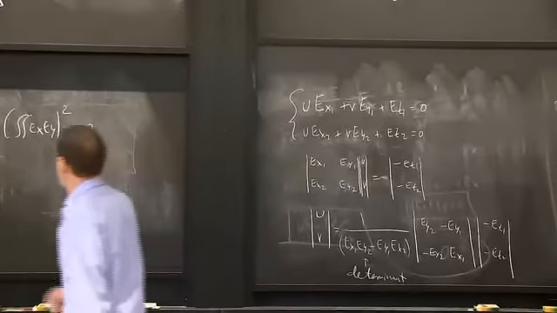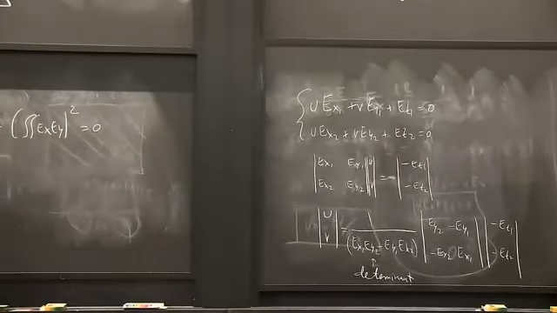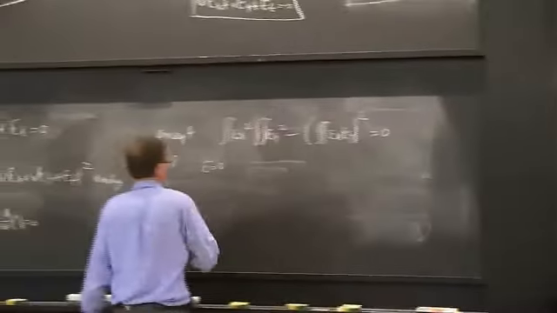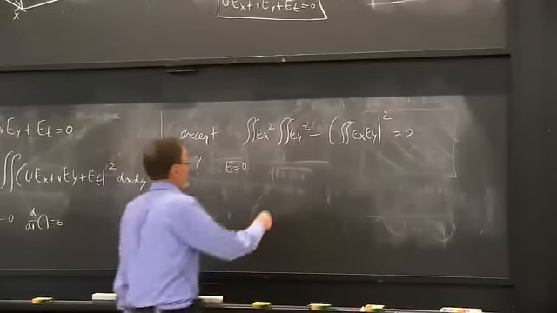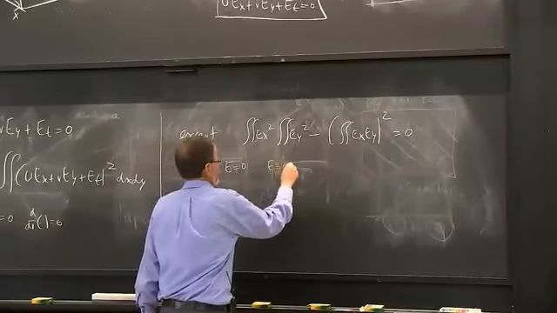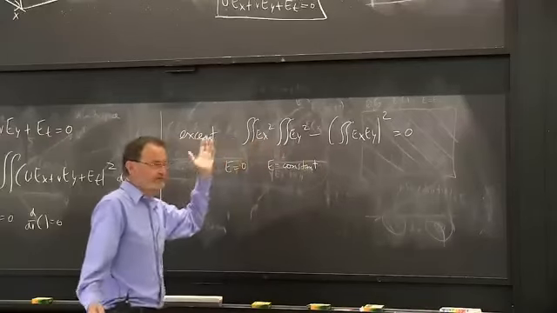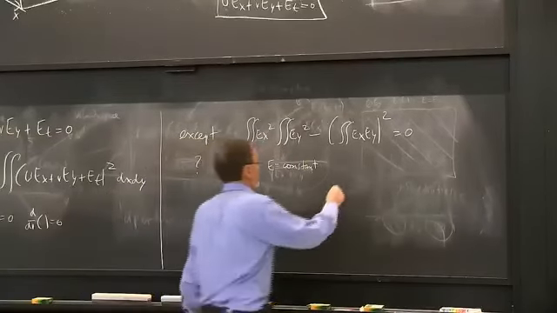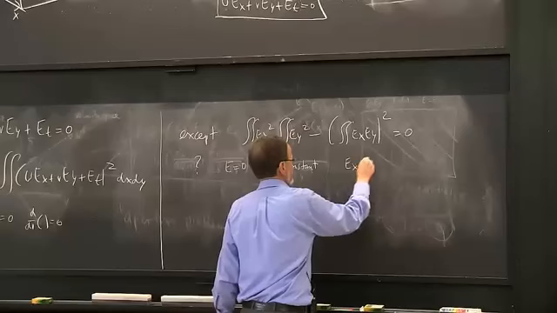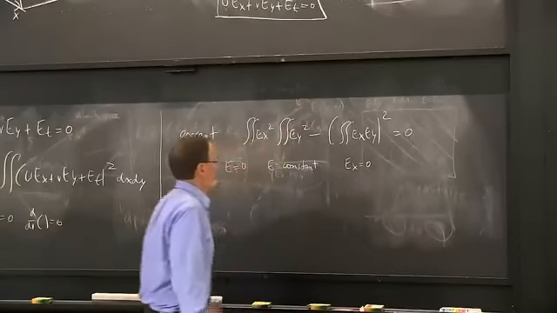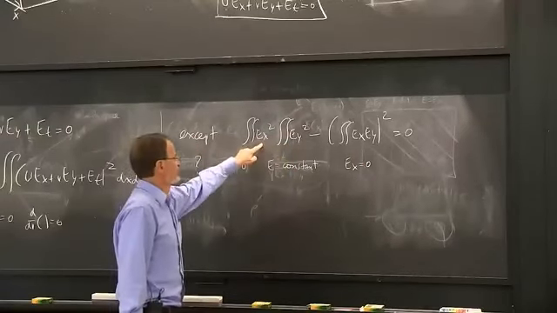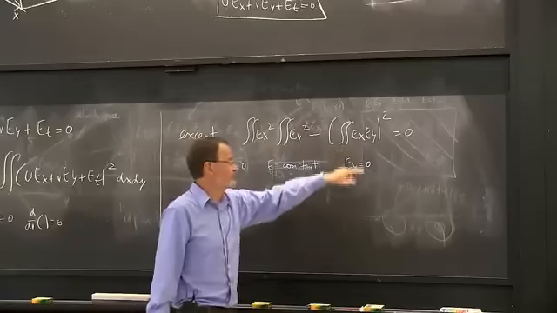So when can that happen? Well, certainly if E is 0, or E is a constant, right? Because then EX and EY are 0. Or maybe if just EX is 0 everywhere, right? Because then this integral is 0 and that integral is 0.